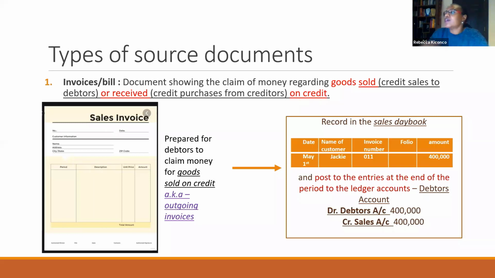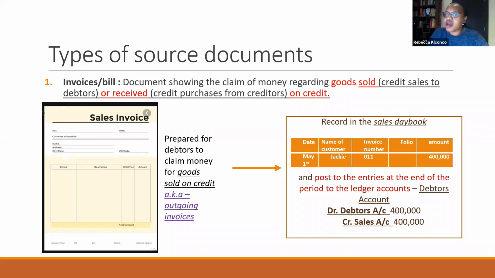Okay? Please look at my screen. I have put there the format of the sales day book. In the sales day book, we find a date. We find the name of the customer. In this case, it will be a debtor. So the name of our debtor, we have Jackie.